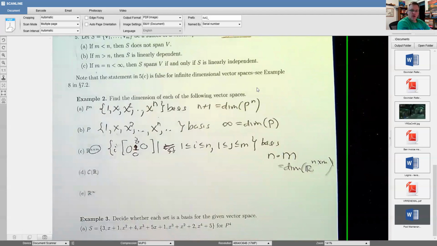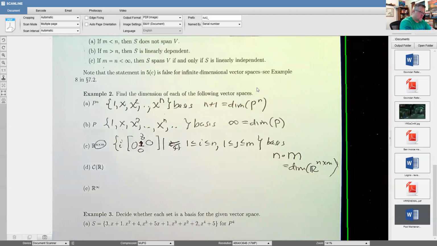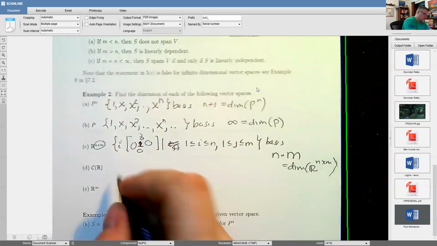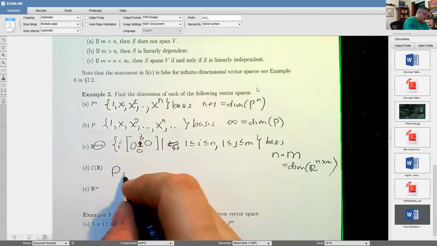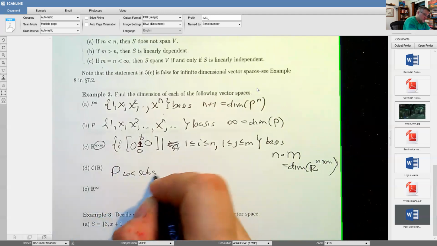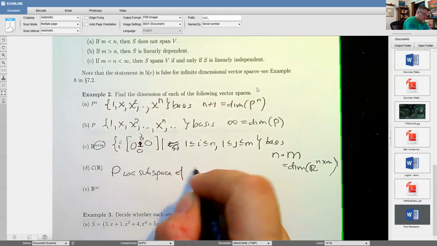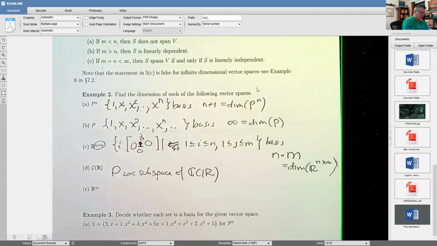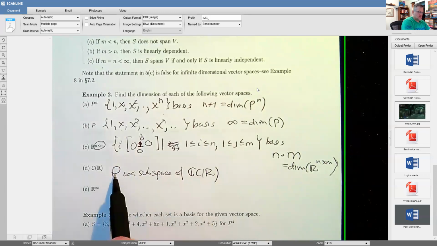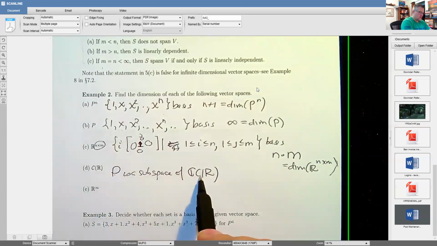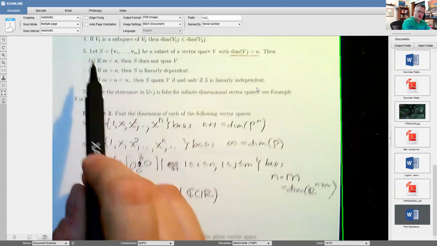C of R. So here we don't know what a basis for C of R is, but we do know that it contains P, right? So P, the set of all polynomials, are certainly continuous. This is a subspace of C of R. And what we know is that if that's true, then the dimension of P is less than or equal to the dimension of C of R. That was by this property up here, right?